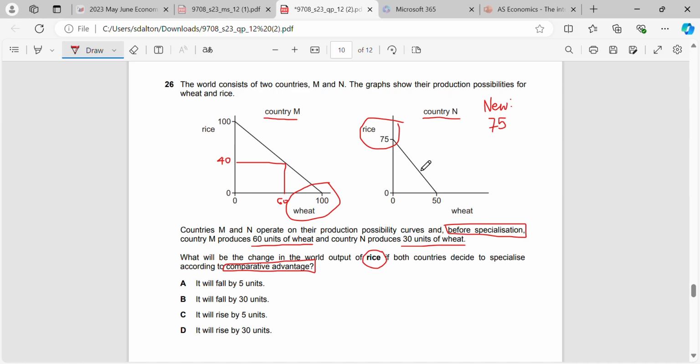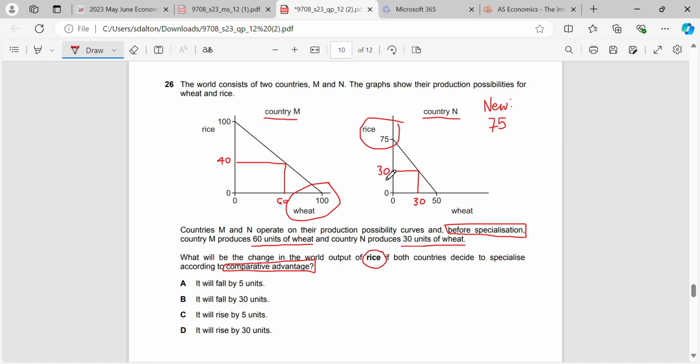For country N, it's a little more difficult, but they're giving up 1.5 rice every time. So when they were making 30 wheat, which is what we're told they were before they specialized, they must have been making 30 rice.